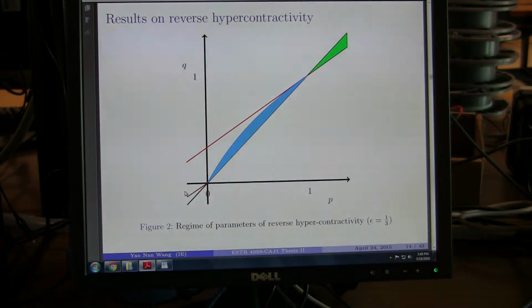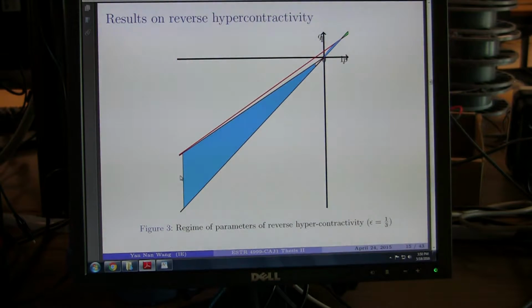Here is a figure showing the hypercontractive region of binary erasure channel when P is greater than 0 and epsilon equals 1/3. The green one is the forward hypercontractive region, and the blue one is the reverse hypercontractive region.